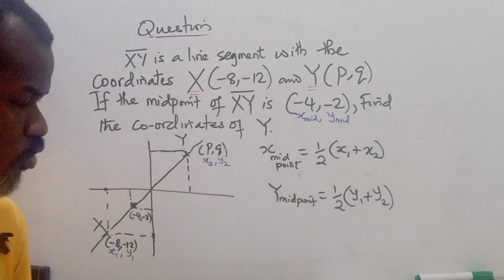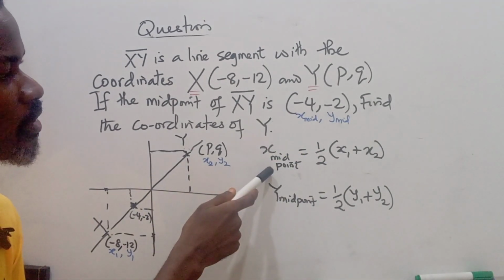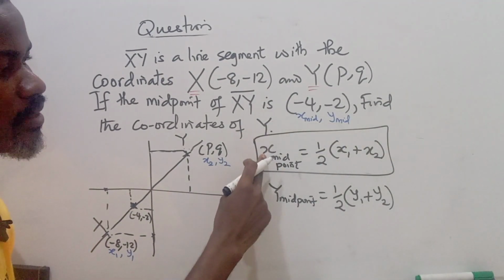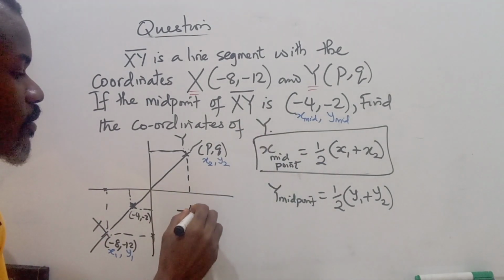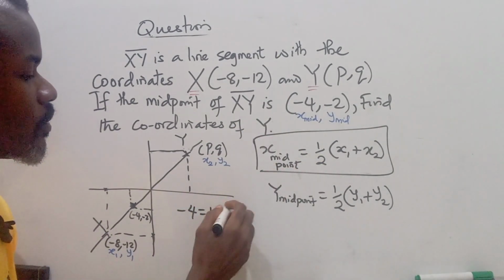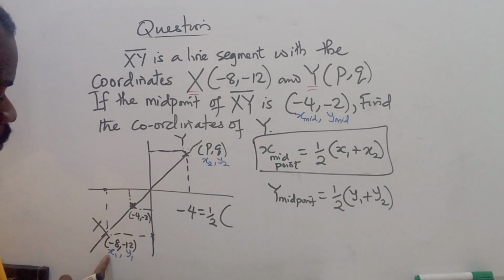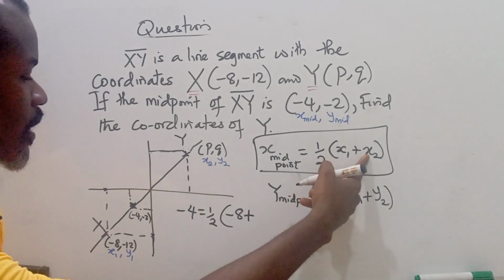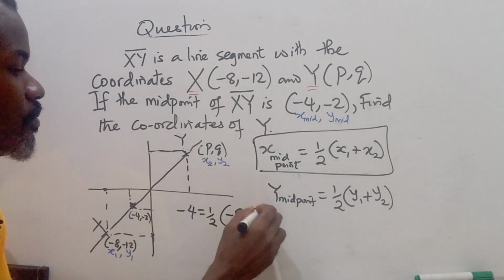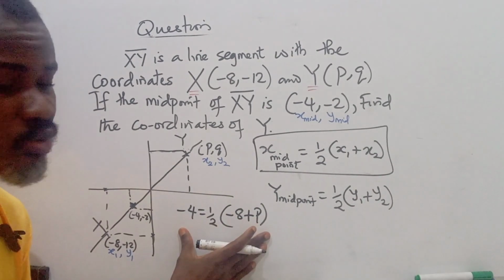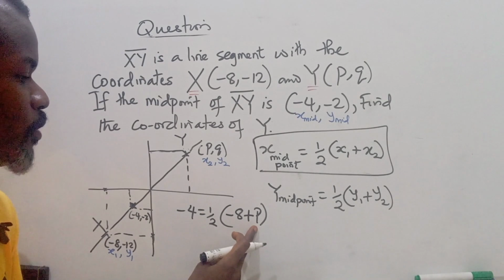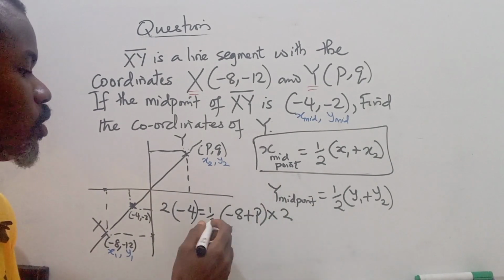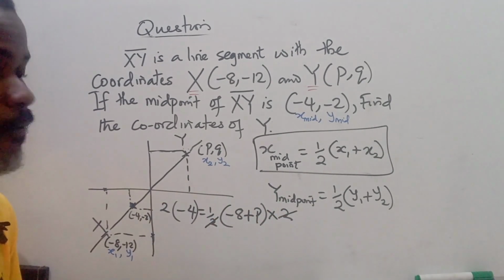Let's start with the first equation. Our X midpoint is -4. So -4 is equal to half of X1, which is -8, plus X2, which is P. With this, we can solve for P. We are going to multiply by 2, so this will cancel out this half.